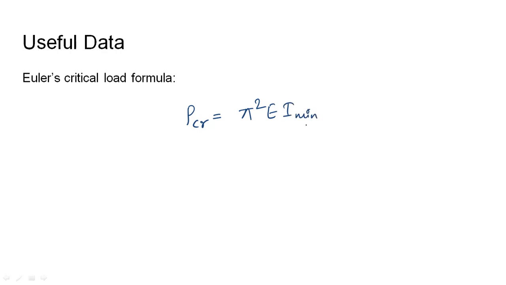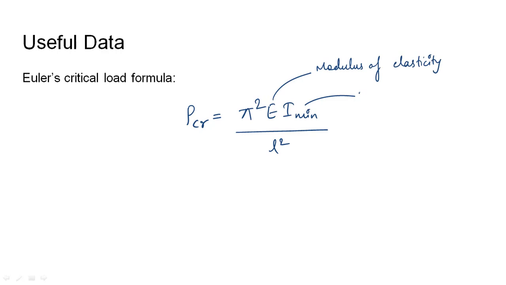Coming to the useful data, one needs to know about Euler's critical load formula to solve this problem, which is given as PCR, the critical load, equals pi square E into I minimum divided by L square. Here E is the modulus of elasticity, I minimum is the minimum moment of inertia.